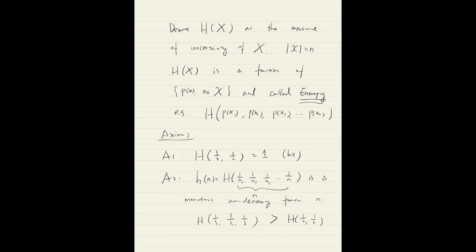That makes sense? It will make sense very soon. Very good question, but no, axiom 1 only tells you that the entropy of that is 1, or some other constant, doesn't matter.